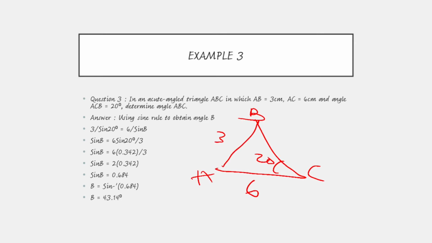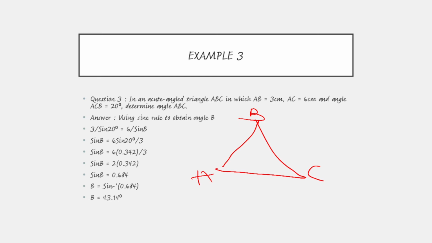Then I say find angle ABC. We are looking for this angle here. Using sine rule, since this angle B is facing 6 and this angle C is facing 3, we have 3 over sine 20 equals 6 over sine of angle B that we are looking for.